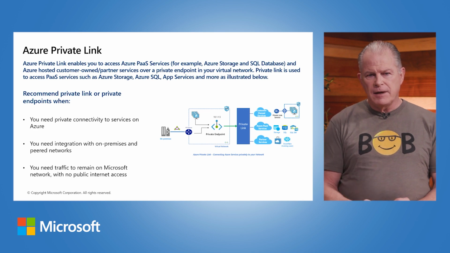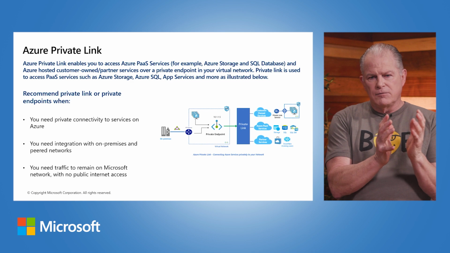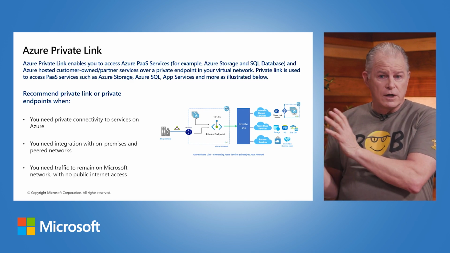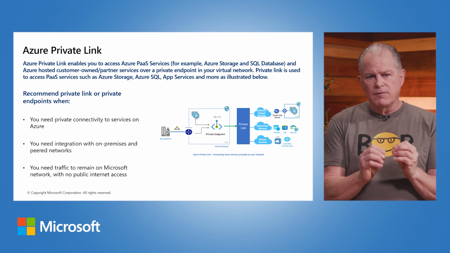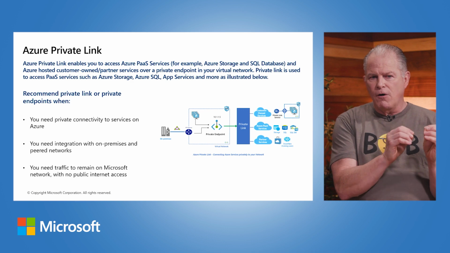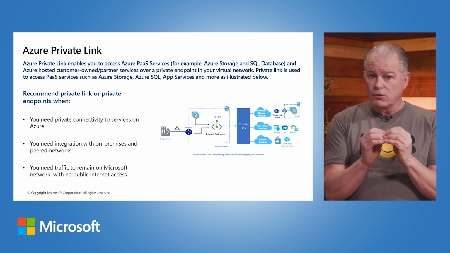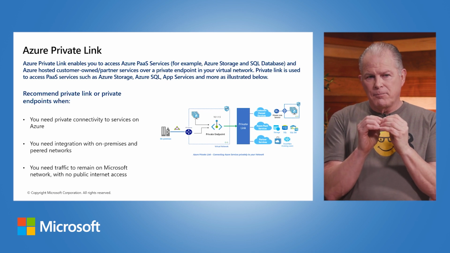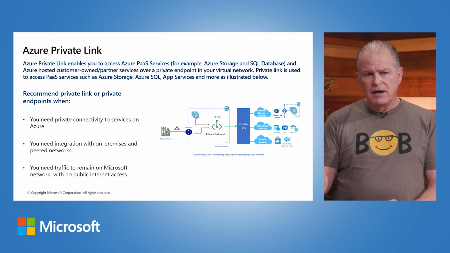In the previous example, my application in one VNet had access to all of storage. Here I want to connect to a very specific storage account. So I call that IP address from my VNet, it goes to that IP address on my local VNet, and that private link service then links me to the direct storage account that I'm working with.